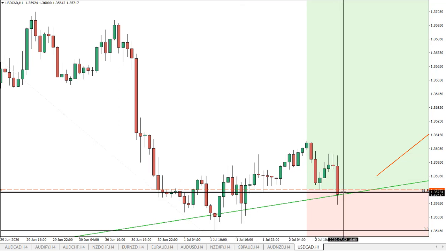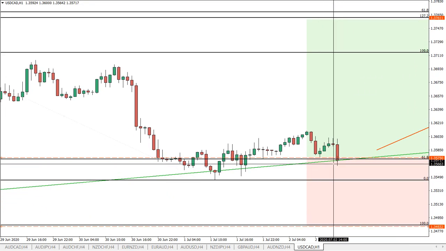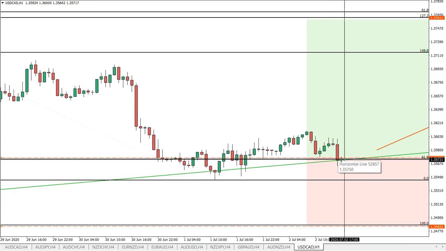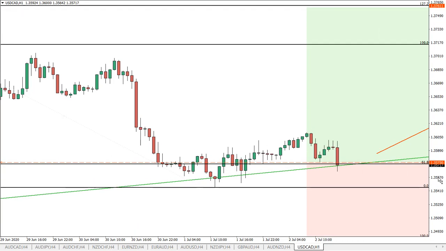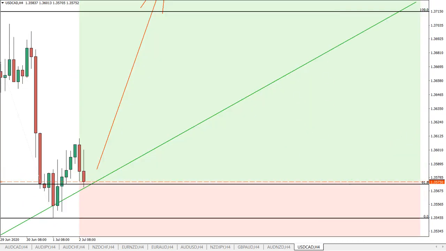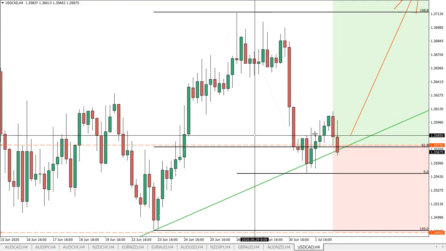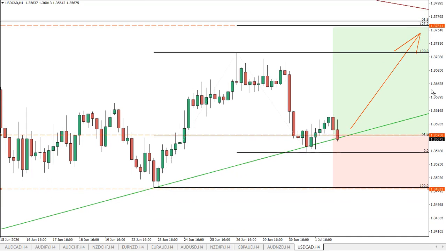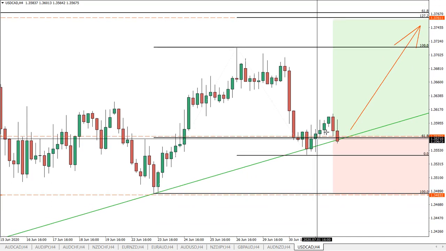Just to play it safe, wait a little bit and see what happens. And then if there will be 1 hour close above this level, this will be just perfect. If not, we need to see what will be happening on the 4 hour time frame, where the price will close. So this hour could be actually very important. So to play it safe, definitely need to wait for this closing price.